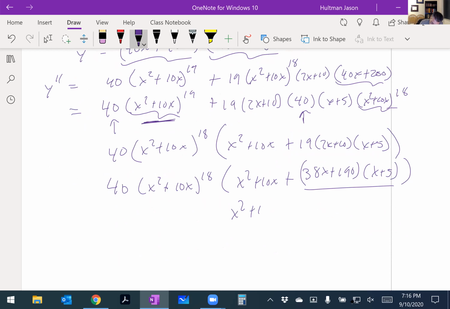So this is x squared plus 10x plus, this is going to be 38x squared, okay, plus 5 times 38 is 190, so plus 190x, okay, I think that's right. Is that right?